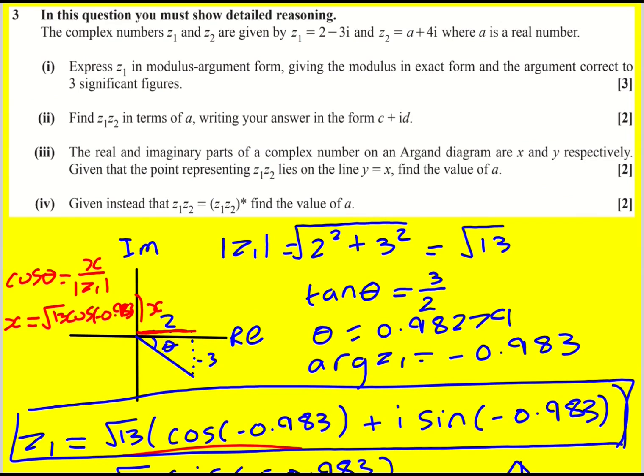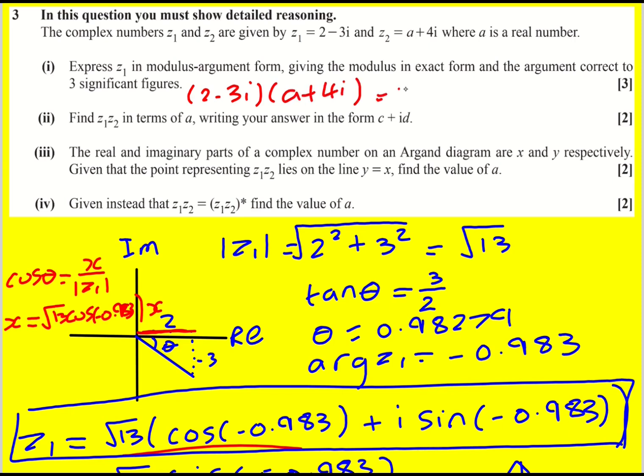Part 2, we're asked to multiply the two complex numbers together in terms of a, writing our answer as c plus id. So we're back to this more Cartesian form. So I'm going to get 2 minus 3i times a plus 4i.